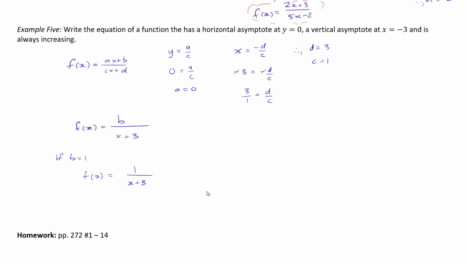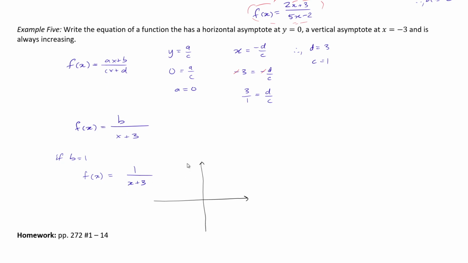That to you should signify, right? So this is what you should do. You should be thinking about this in your head. Well, 1 over x plus 3, that's just the reciprocal parent function shifted to the left 3 units, right?